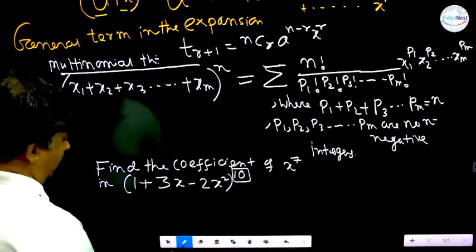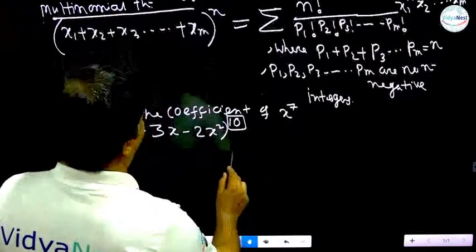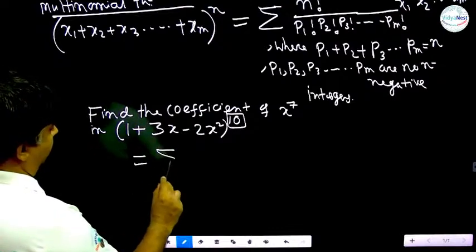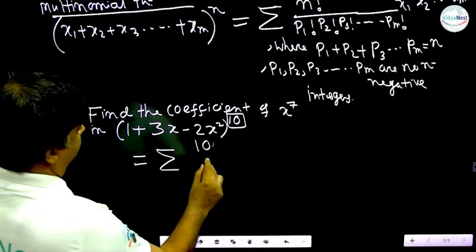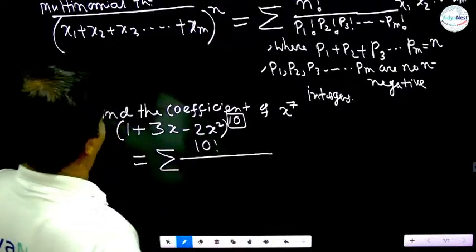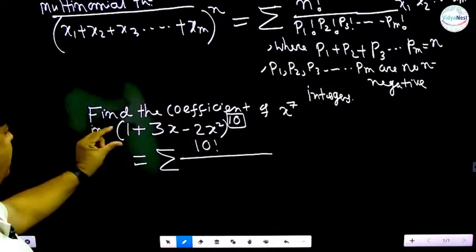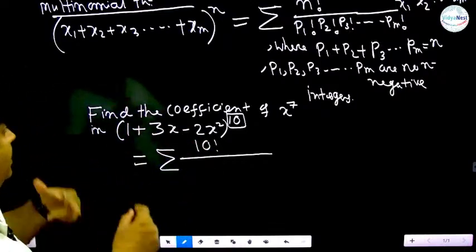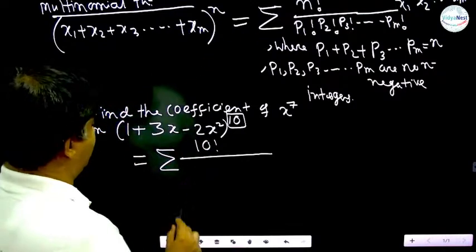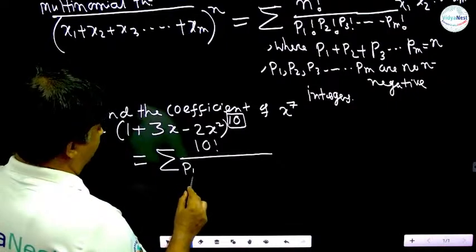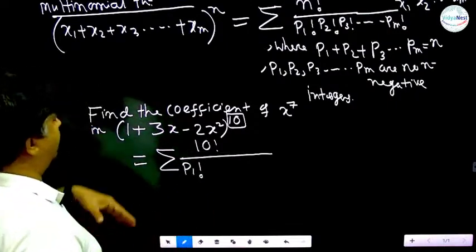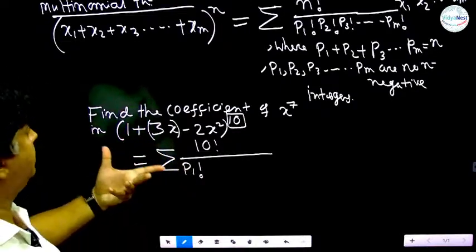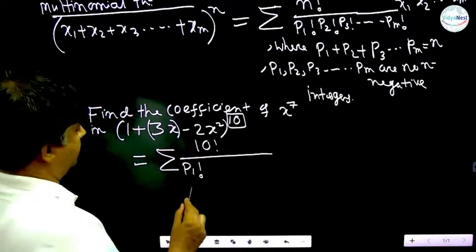So, you rewrite this, keep that thing in mind, summation of factorial 10 divided by, see, the first element 1, here first element x1, 1 recurs, say p1 times. So, I am taking p1. Then next element is 3x. 3x occurs p2 times.